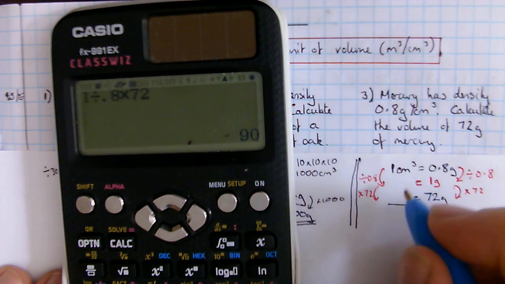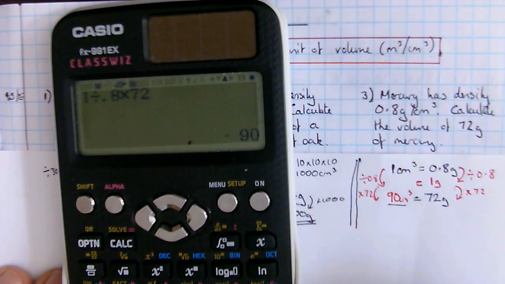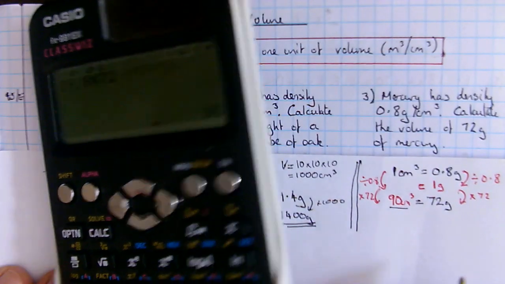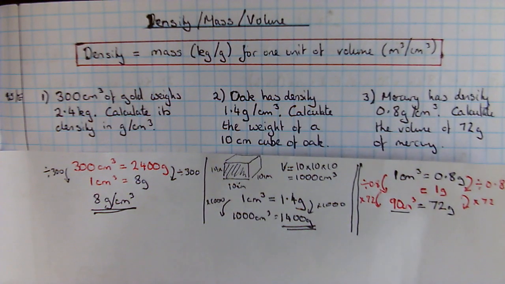It gives me an answer of 90 centimetres cubed. So there's my solution. Okay, pause the video now while you write down those worked examples. When you're ready, press play and we can go on to some questions of your own.